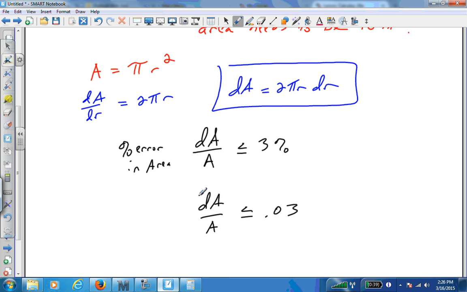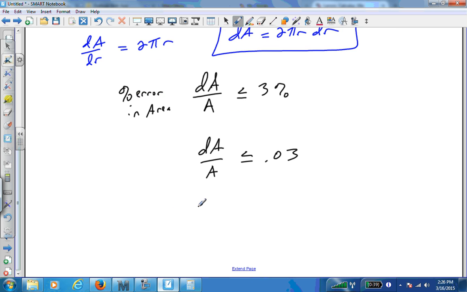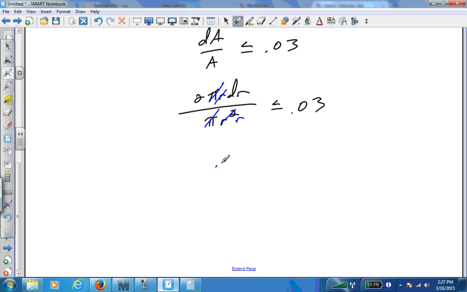Now dA is 2 pi r dr. A was pi r squared. So that needs to be less than or equal to 0.03. So the 2's cancel, the r's reduce, so we come out with 2 dr over r.